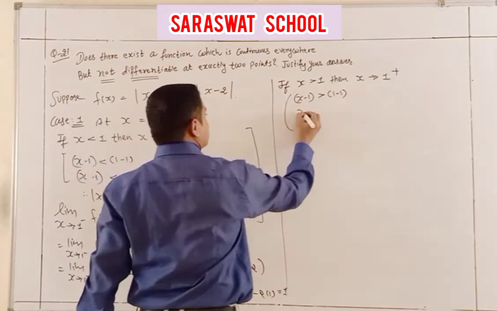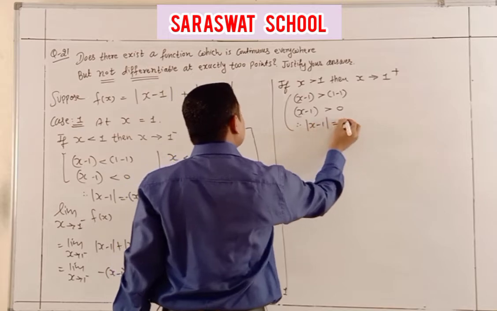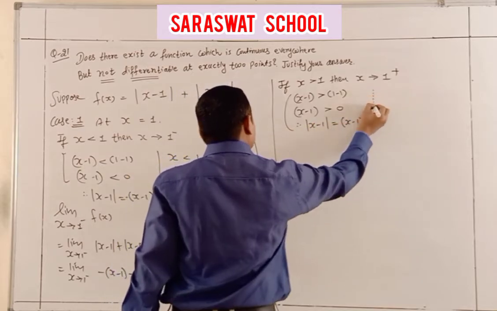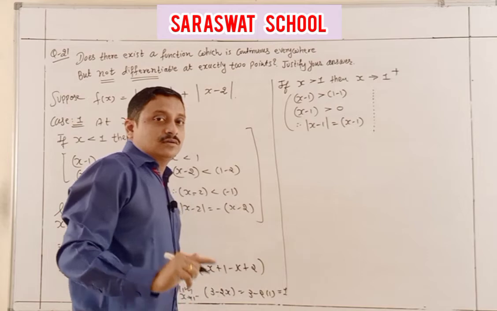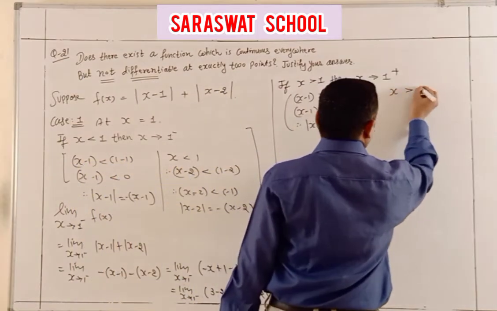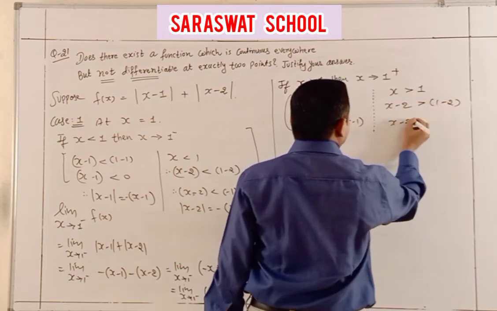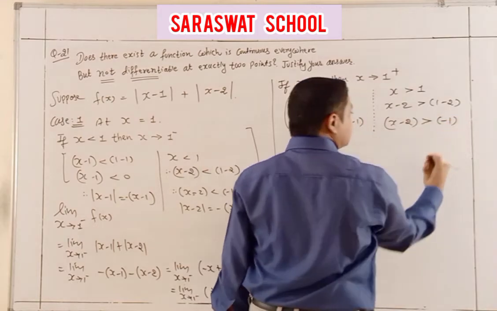So here x minus 1 is more than 0. So what is the modulus of x minus 1? It is positive, because the positive side is coming. Same as here: I get x minus 1, here 2 subtracted, so it is x minus 2, which is greater than minus 1.